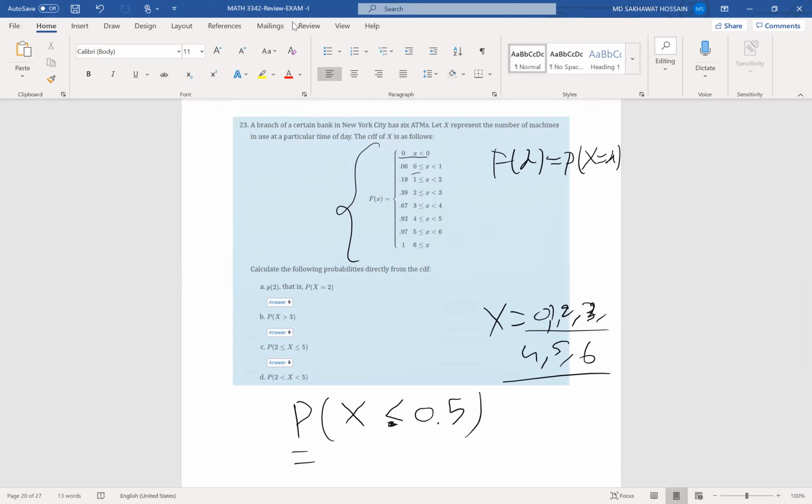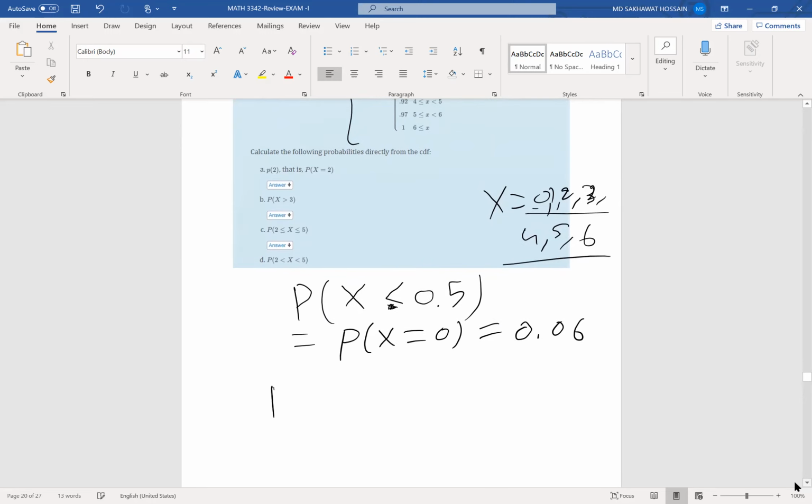Okay, so when x is less than 0.5, we have just one possible value. 0 is less than 0.5, right? So we have just one possible value, which means this is actually the probability of x equal to 0. So this is 0.06 because we are given this is 0.06.